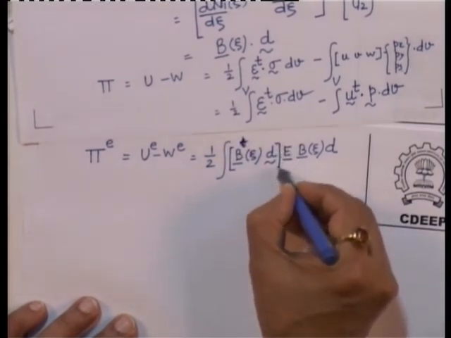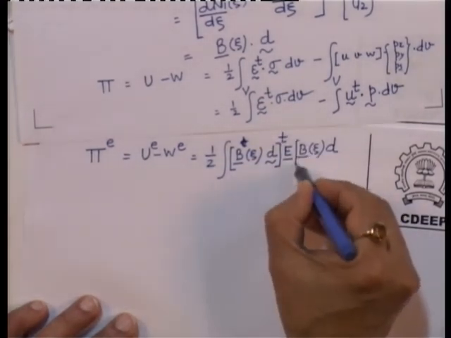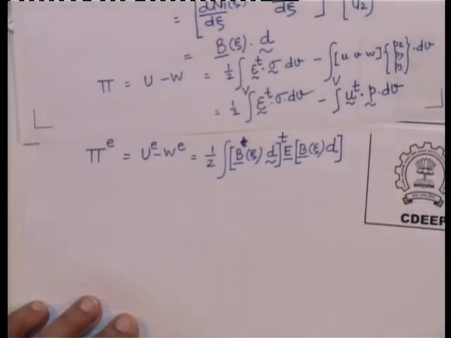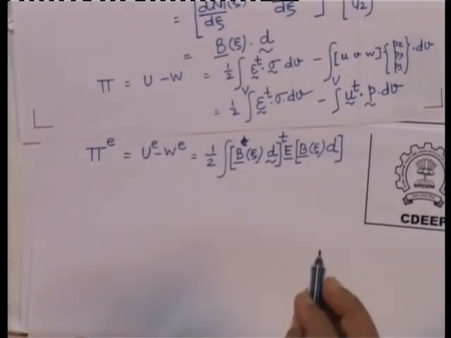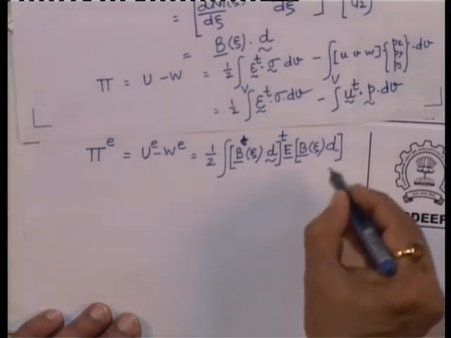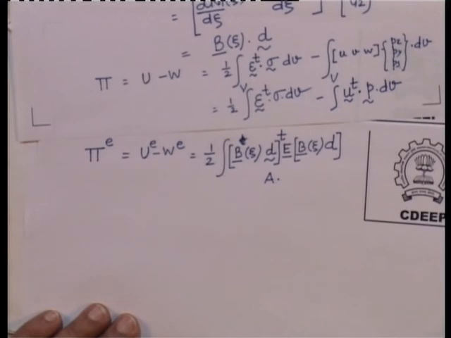And this total transpose, into dV. What is dV? dV is equal to A, the area of cross section, into dx.